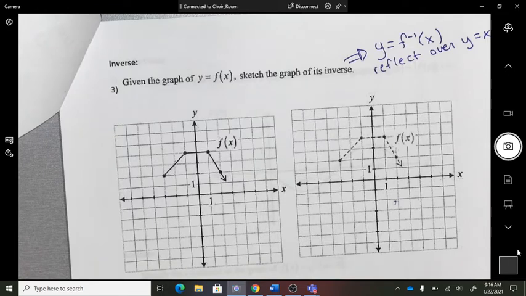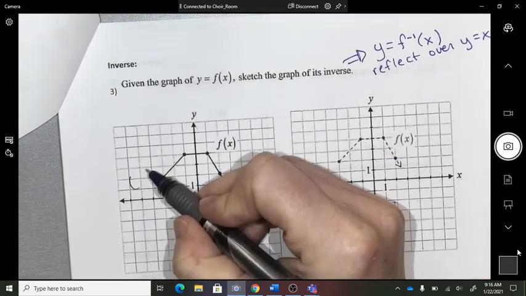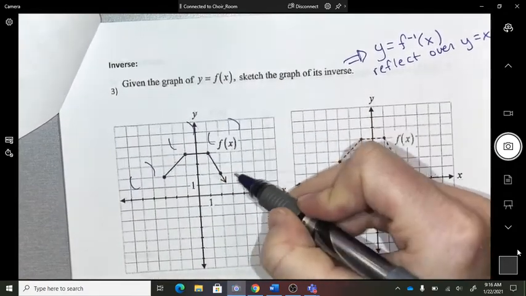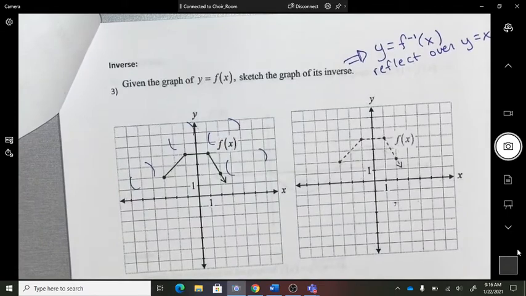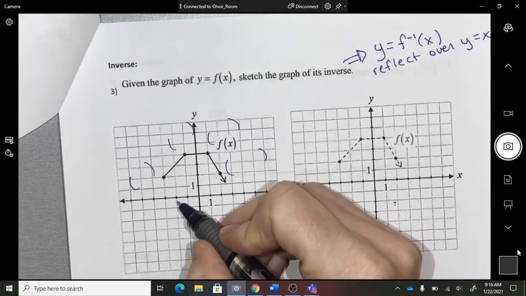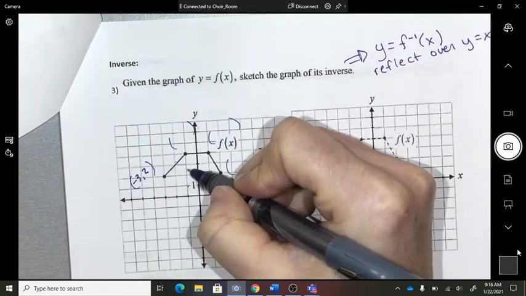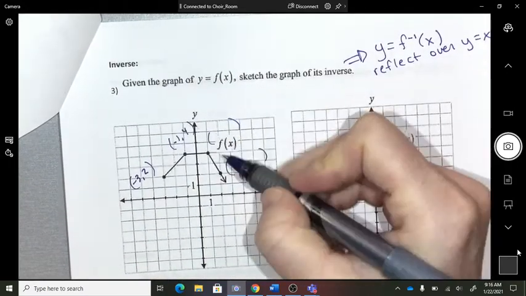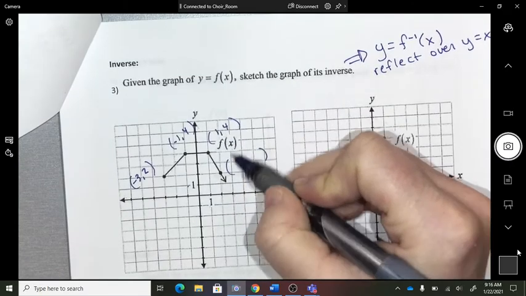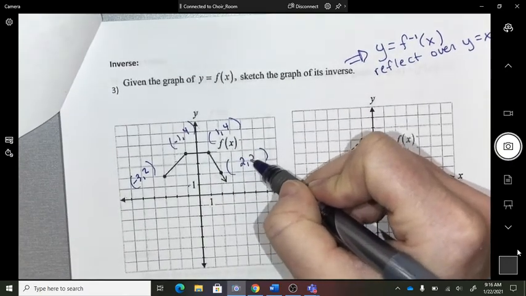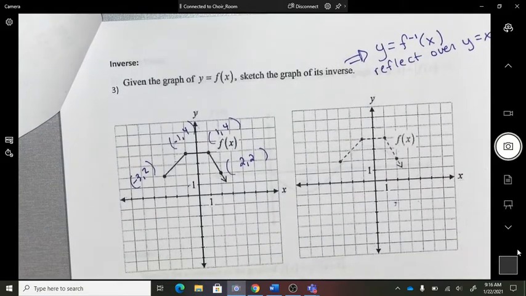Okay, so I need you to get the coordinates. I have 4 points on there that I'm going to take. So write the coordinates. Okay, what does inverse tell you to do?